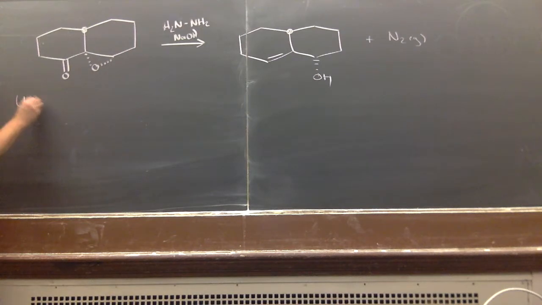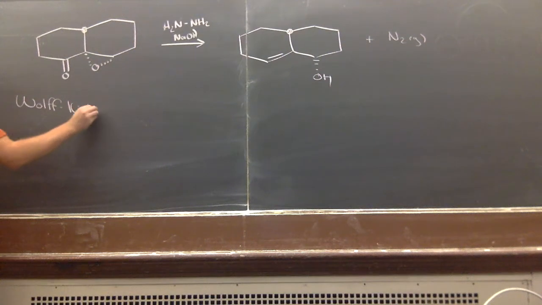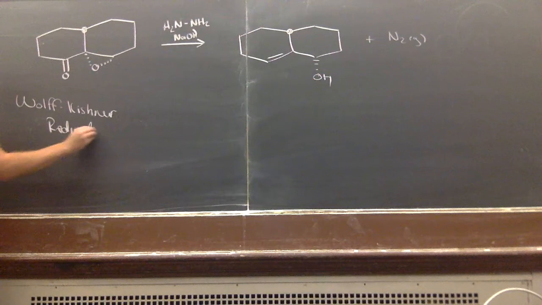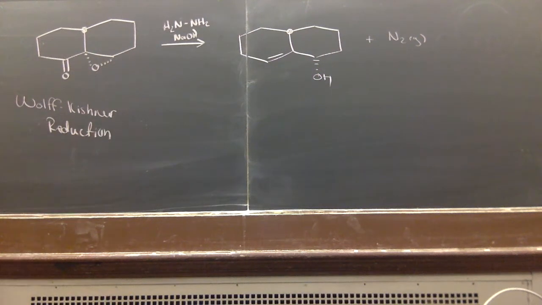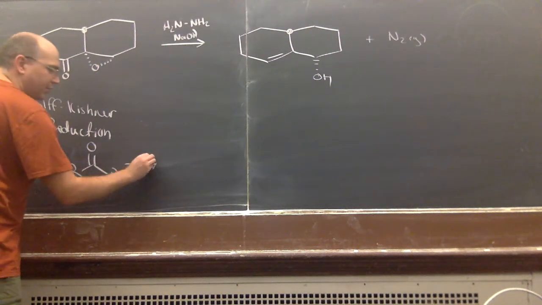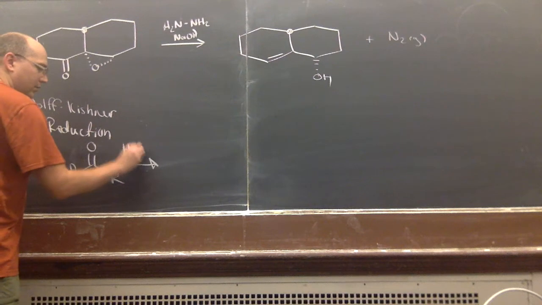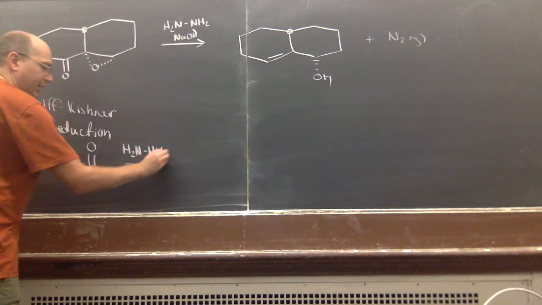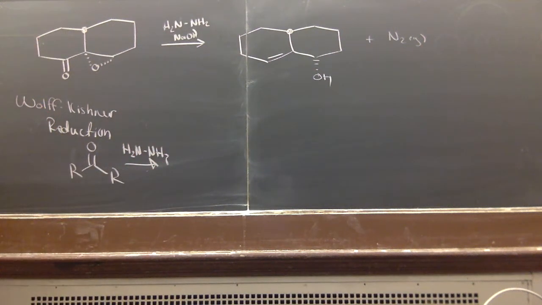So if you don't know where to start, the Wolff-Kishner reduction is a reaction that we went over in class, and it's in your book, where you take hydrazine and a ketone.